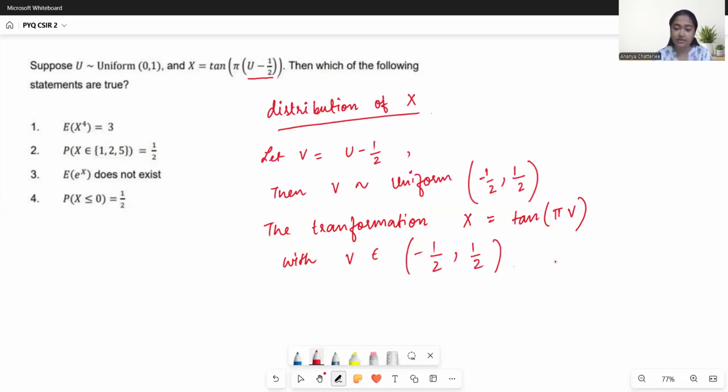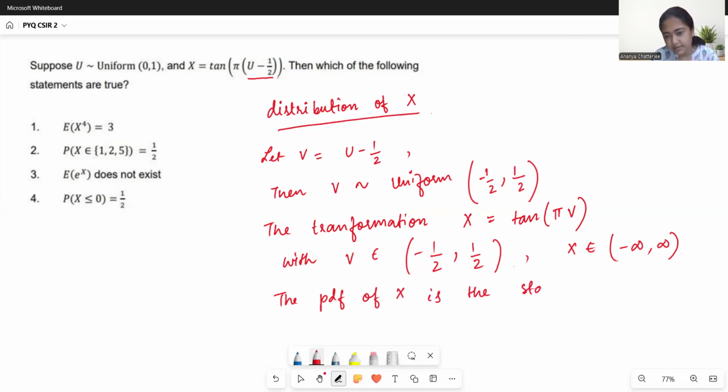Now mapping to x is what we get. X belongs to minus infinity to infinity. Now the PDF of x here is the standard Cauchy.